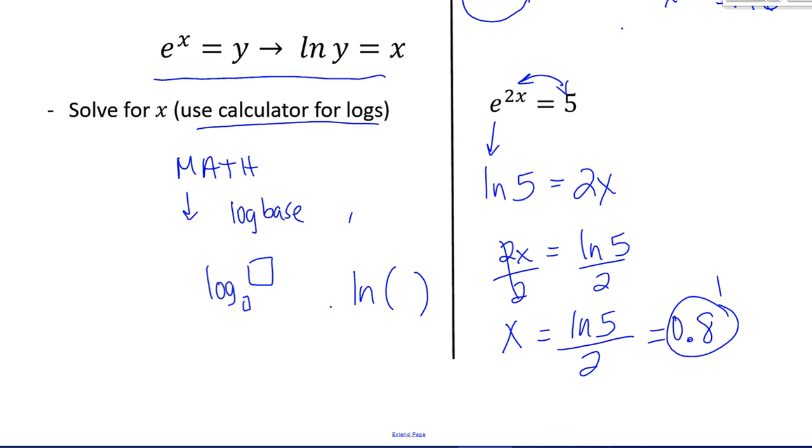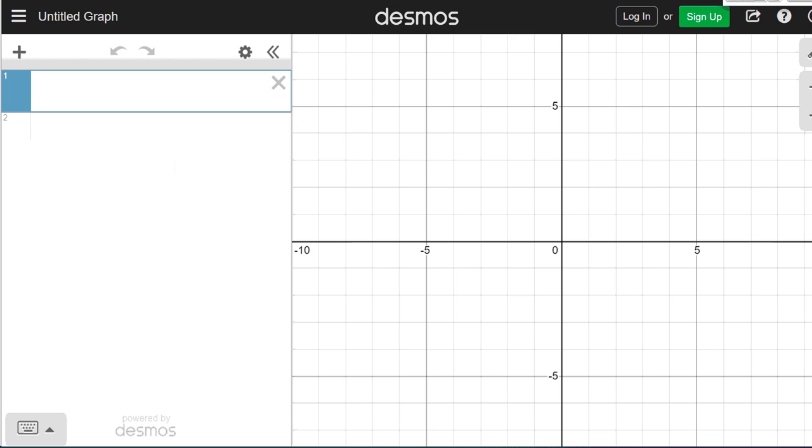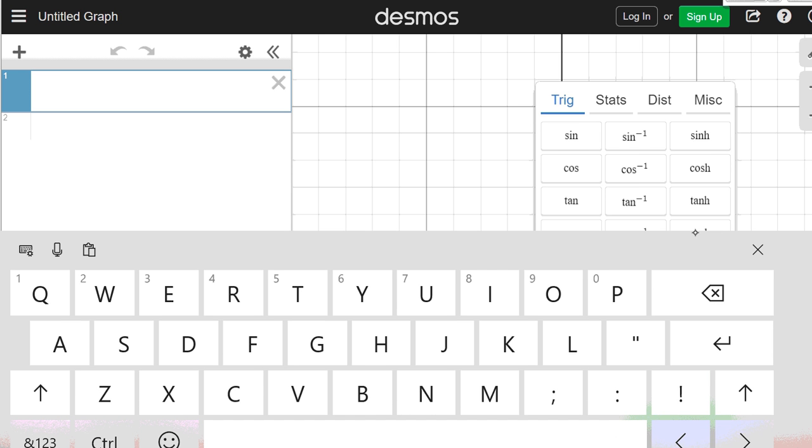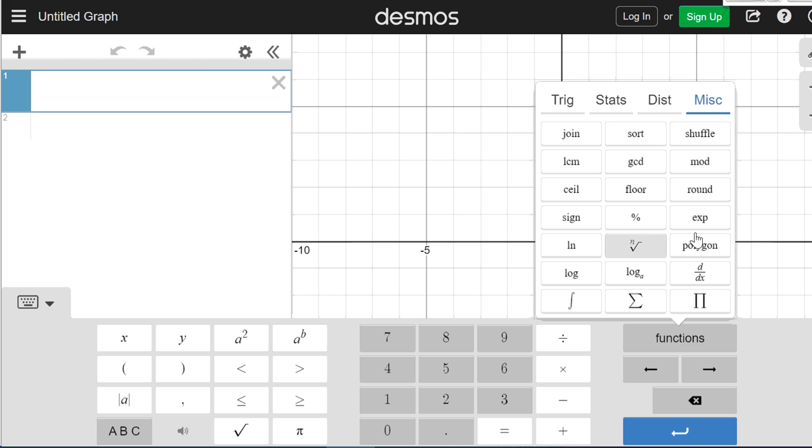On Desmos, you have to go to, let me show you, hold on. Okay, if you are using Desmos, click on the little thing and hit the keyboard. Over here to the right, it says Functions. And then under Miscellaneous is where your log is. There's a regular log for the common log, or there's a log with a little baby A down here. That's the one you'll use if it's a different base.